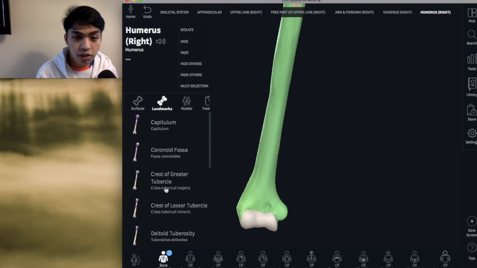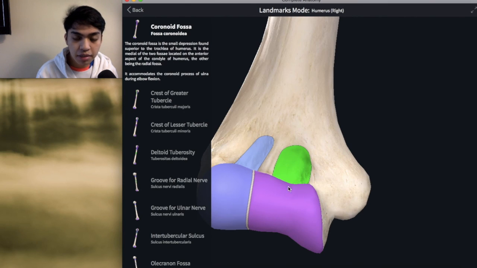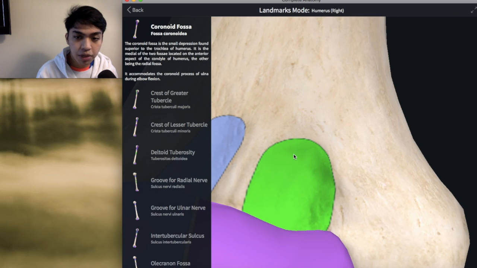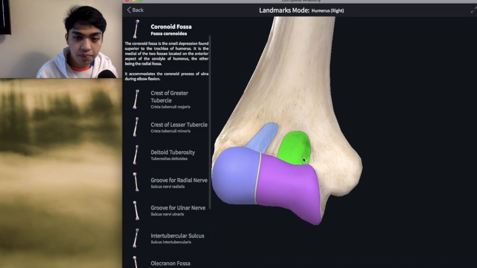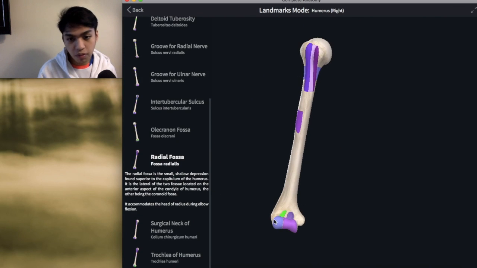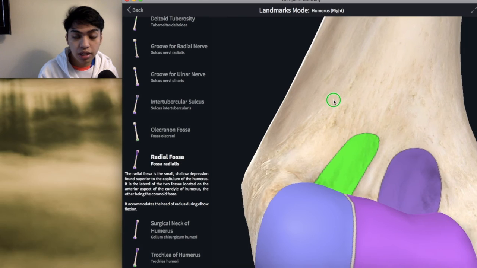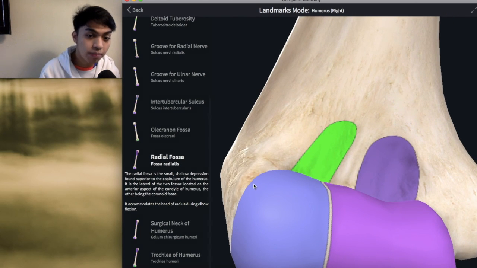The coronoid fossa is here, yung highlighted in green, the one that is superior to the trochlea. This is the trochlea, itong violet. Now, this accommodates the coronoid process of the ulna during elbow flexion, whereas the radial fossa naman, of course, by its name, accommodates the head of the radius during elbow flexion as well.